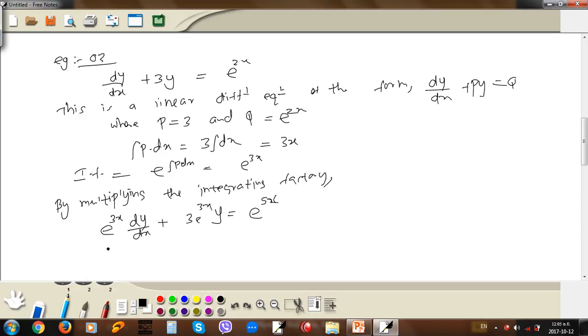Now we can write this as d/dx of (e^(3x) y) equals e^(5x).